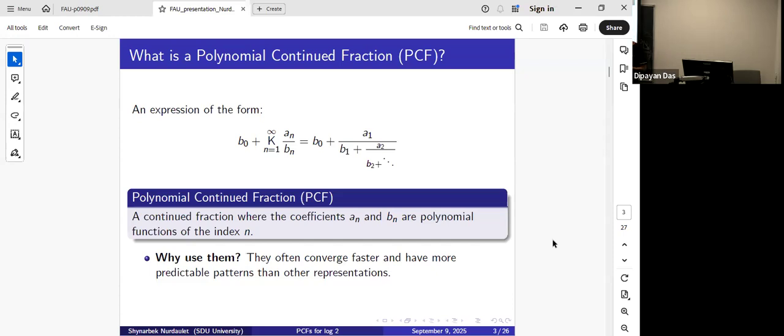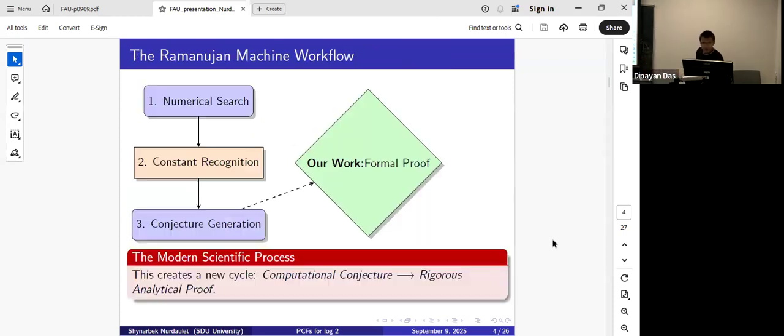And compared to a series, they converge much faster. Sometimes they may converge so fast that they can be applied to prove the irrationality of some constants. For example, Apéry used polynomial continuous fractions and acceleration methods to prove the irrationality of zeta(3). So that is one of the applications.